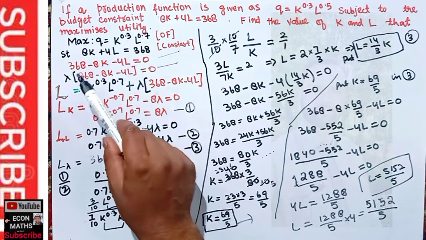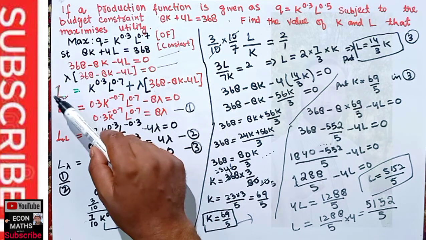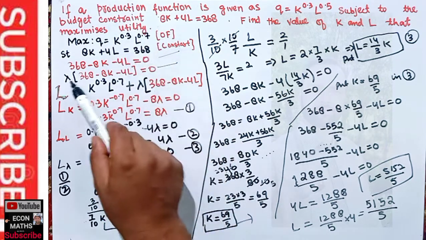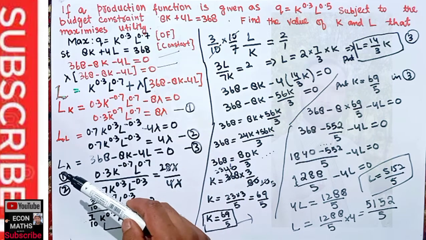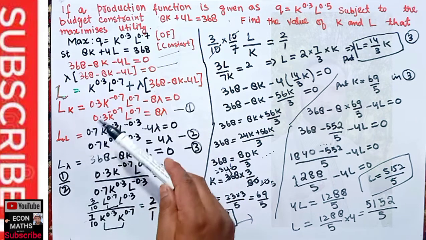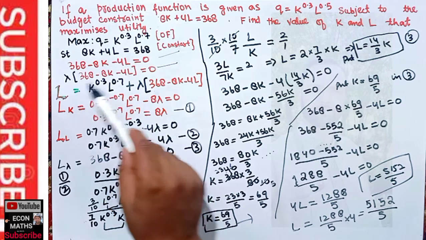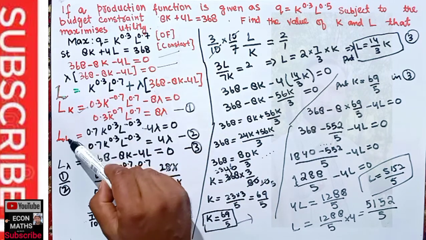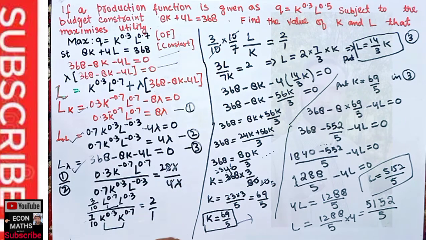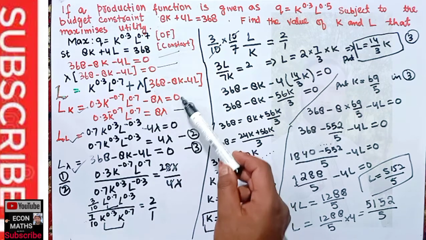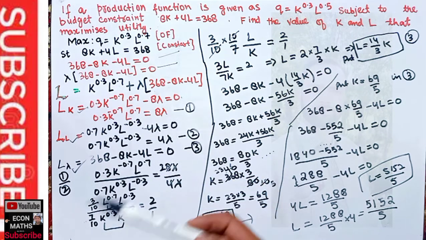After that, to form the Lagrangian function, we add the objective function and the resulting constraint, and subsequently to find the optimal level of capital and labor, we partially differentiate our Lagrangian function with respect to capital, labor, and lambda, and set them equal to 0 simultaneously and solve for capital and labor. Okay, I hope I make myself clear.